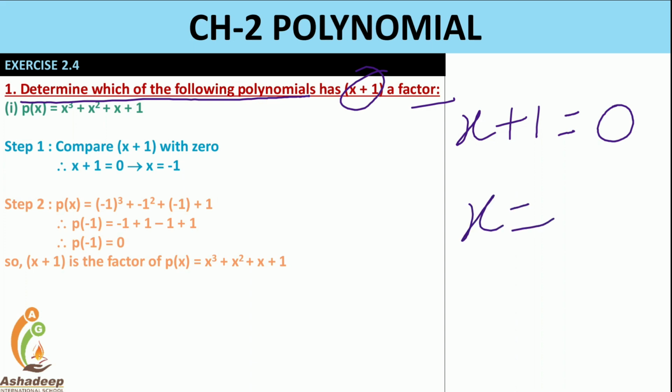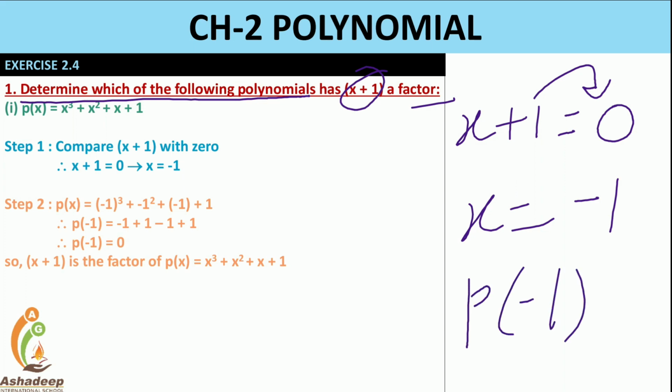So x equals minus 1, since if 1 goes to the other side it becomes minus. So we need to check the value of p(minus 1). If it is equal to 0, then it is a factor. But if it is not equal to 0, then it is not a factor.